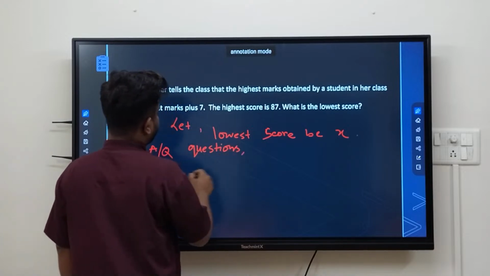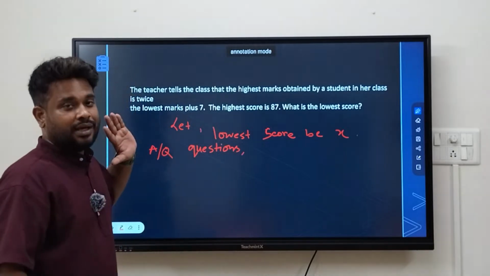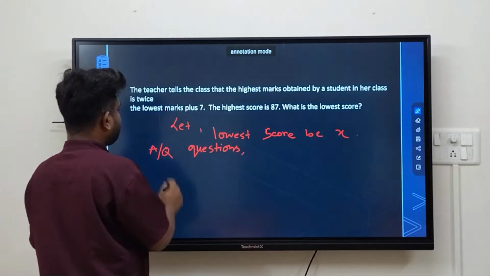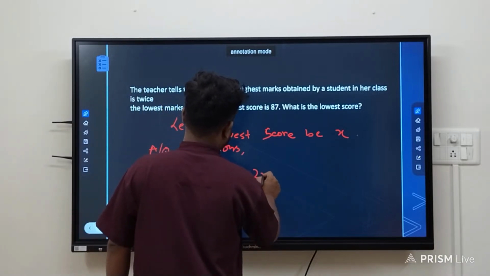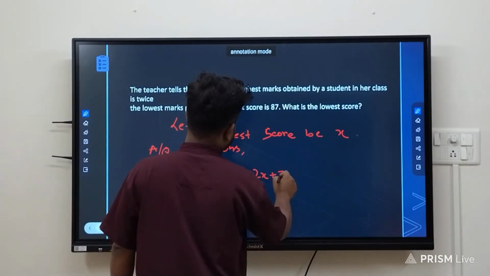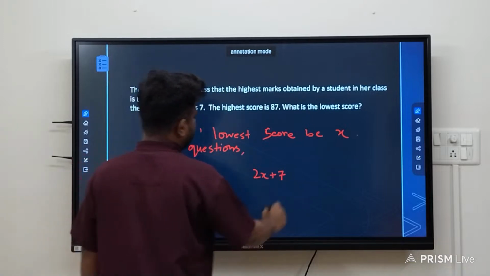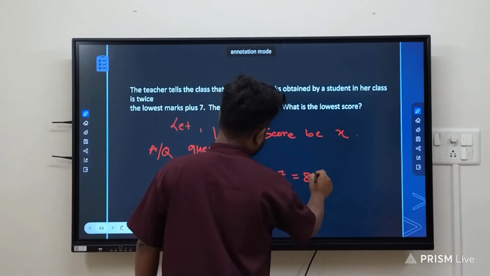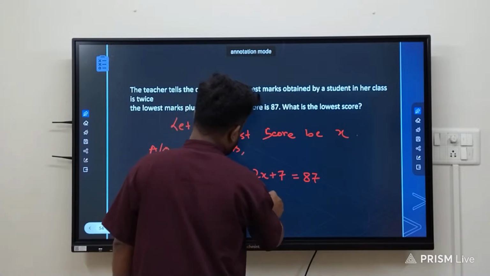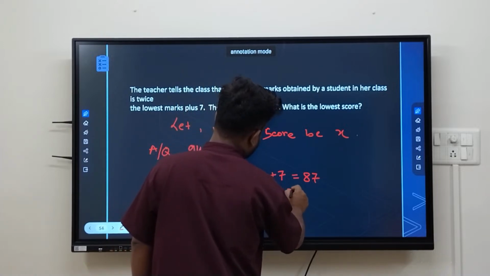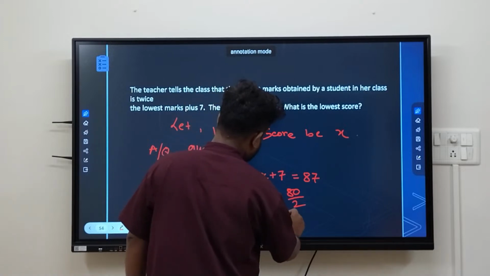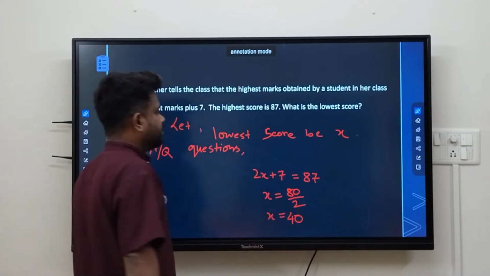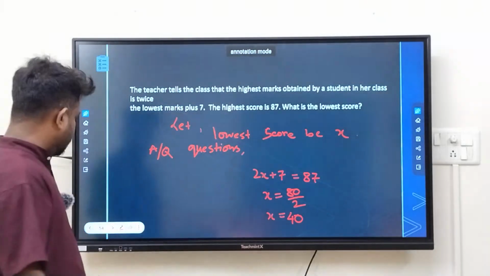I am using abbreviations, but you have to write the whole thing. So it will be: highest score is twice the lowest score plus 7, and it will give us 87. So it will be like this. So x equals 80 by 2. Okay, and so x will be 40, so the lowest marks will be 40.